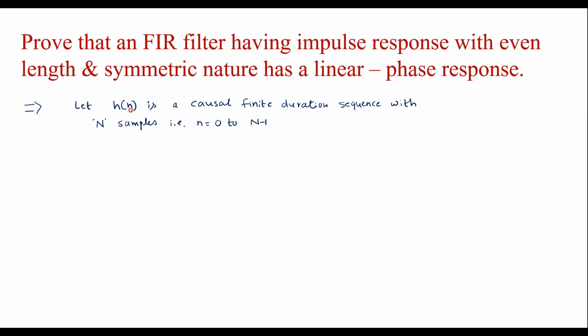That is, let h of n be a causal finite duration sequence with N samples. It means that h of n has N samples, that is from h of 0 to h of N minus 1.